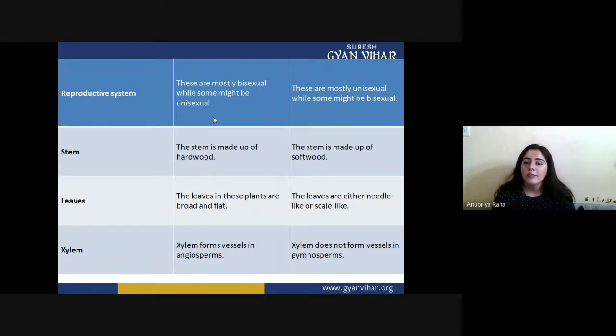Both vessels and xylem fibers are absent in most gymnosperms. But some very advanced gymnosperms have a characteristic like vessels. A very primitive kind of vessel can be present in one group or order, Gnetales, inside the gymnosperms.